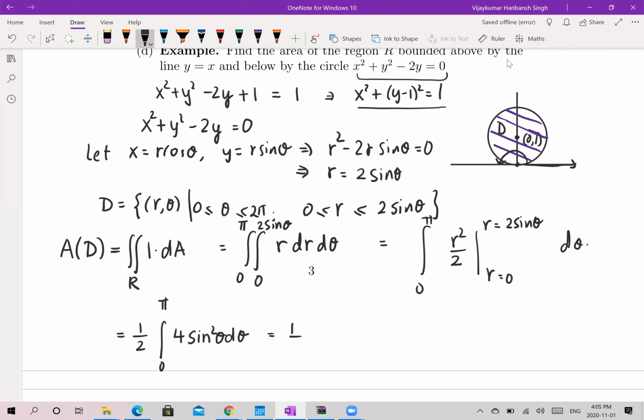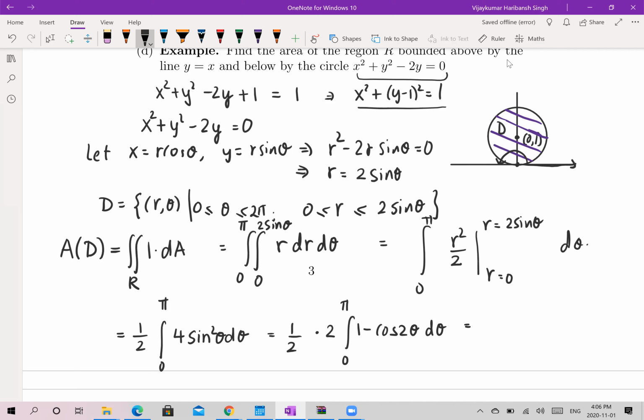Now that can be written with 2 going outside, and 2 sin squared theta written as 1 minus cos 2 theta, d theta. Again, this will cancel out.